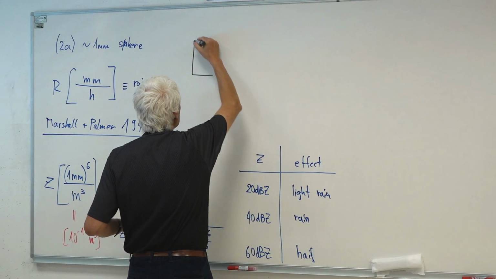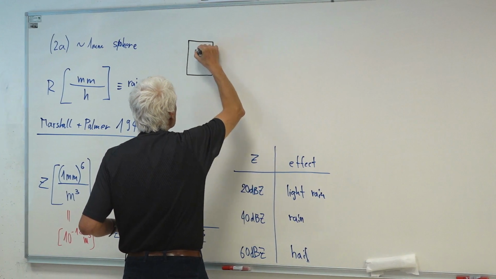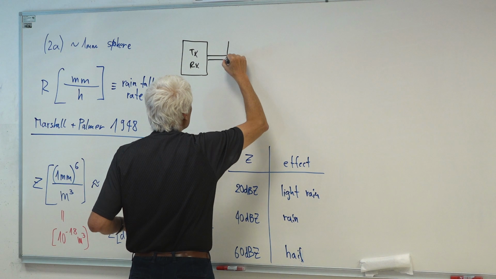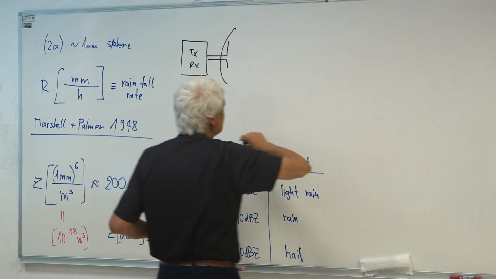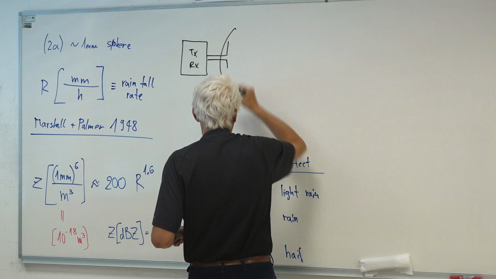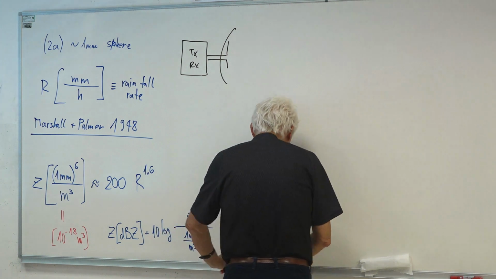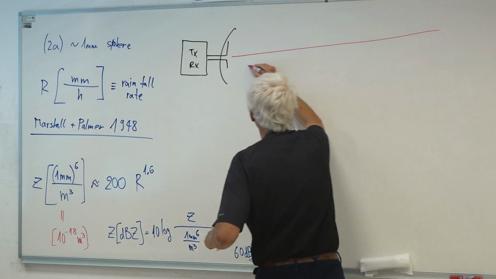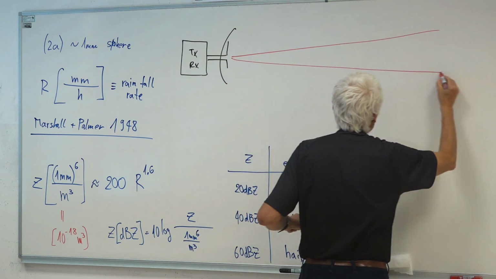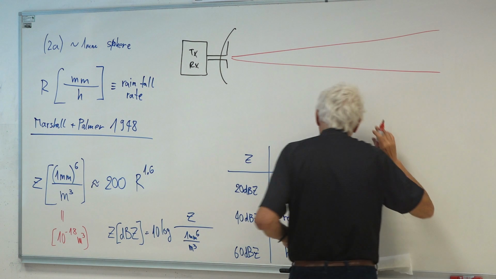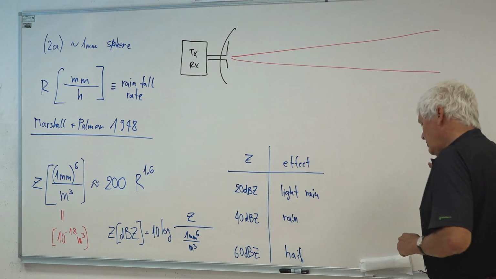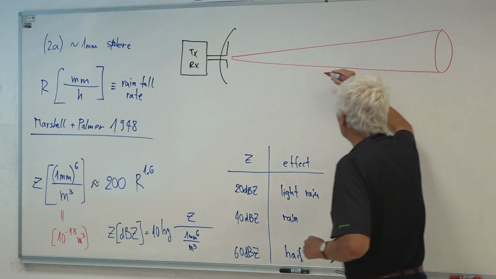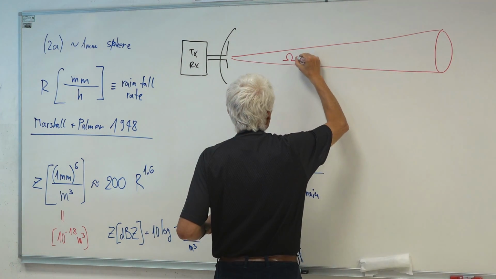We have a radar equipment that has a transmitter and a receiver. We have an antenna. The antenna has a beam of radiation. For my derivation on the board, I will use the assumption that this beam is simply conical, with an opening solid angle omega.